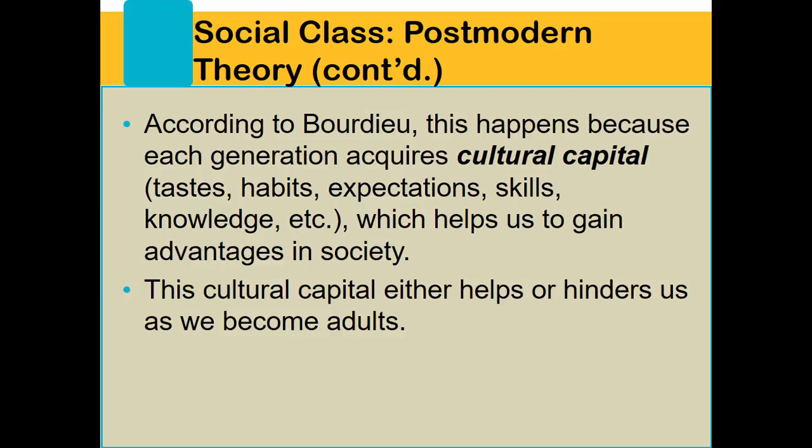Thus, our cultural capital either helps us or hurts us as we become adults, depending on the social setting we put ourselves in. If I am a hyper-rich person, I've been taken to the theater every weekend or every month by my parents, I know how opera works. I know how really fancy art works. My parents have encouraged me to be well-read, those sorts of things.